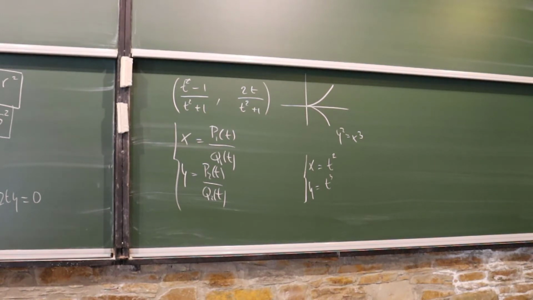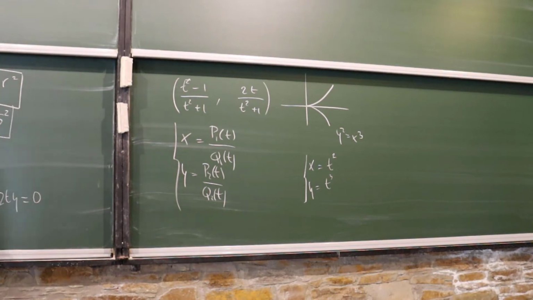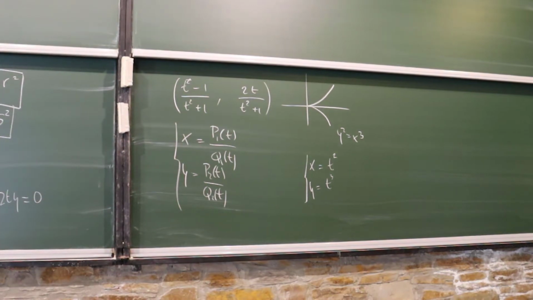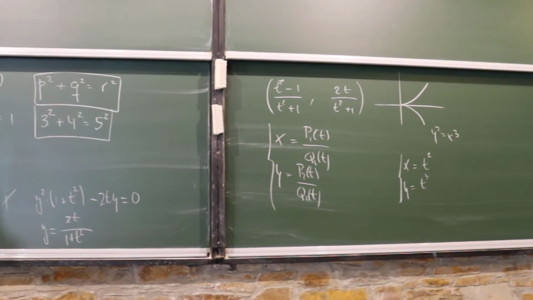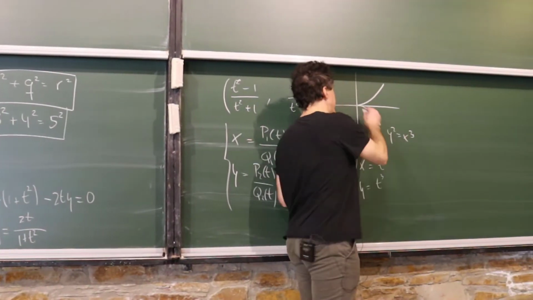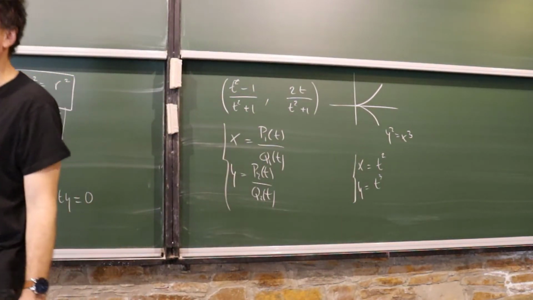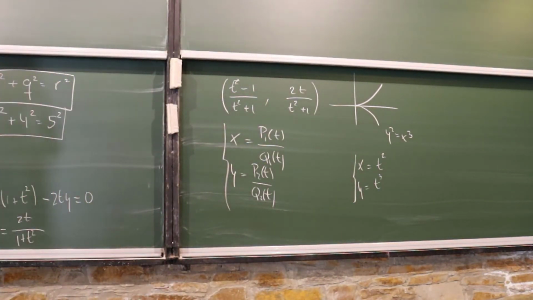Okay, but not every curve is rational. In fact, if you take a curve of, for instance, degree 3, without singular points, this is a curve of degree 3, but it has a singular point here. Perhaps I will say some words about that in the last lecture. If we take a degree 3 curve, perhaps without singular points, it cannot be parameterized using rational functions.